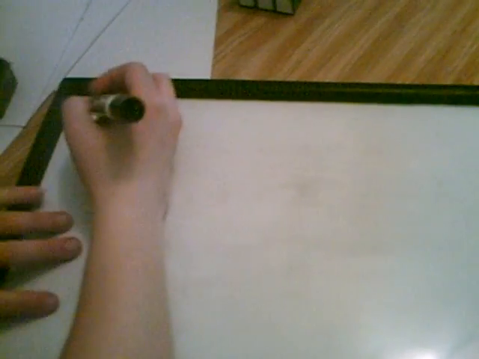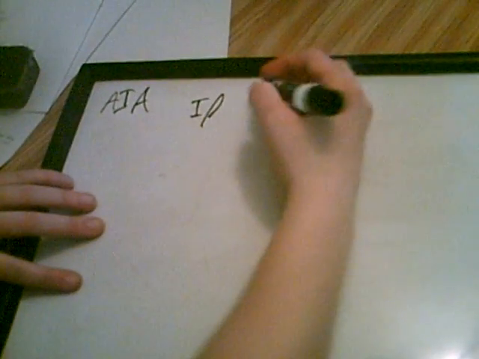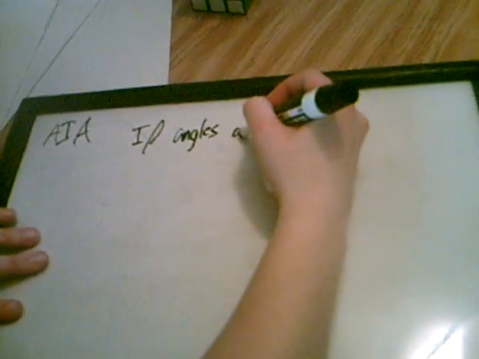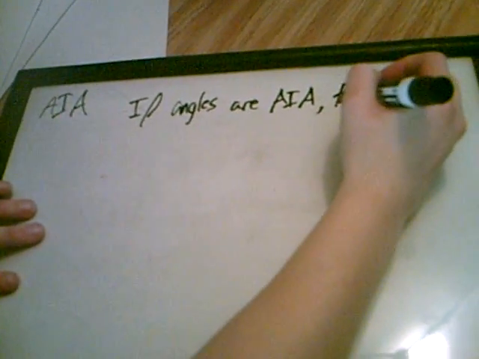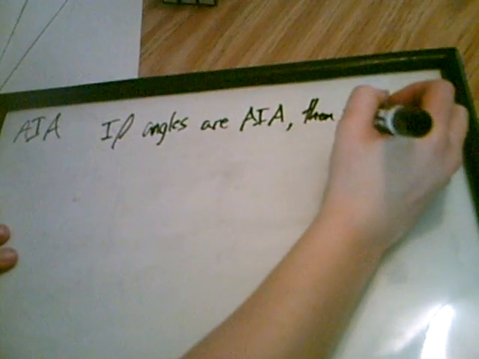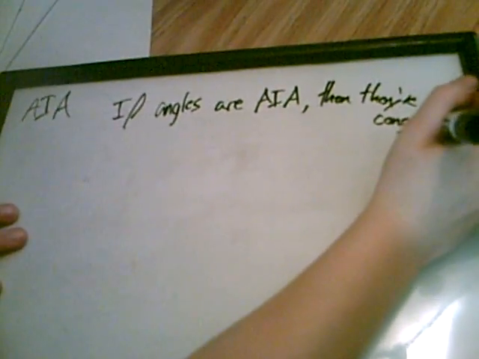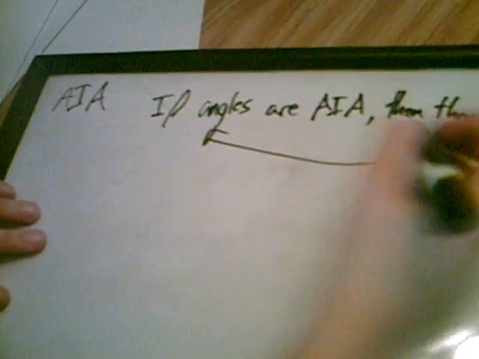Alright, so we're going to try to do the converse of the alternate interior angle theorem, which states that if angles are alternate interior angles, then they're congruent. So if we're creating the converse of this, then we're going to switch the if and then statements.